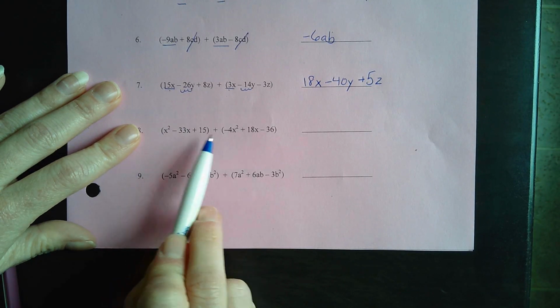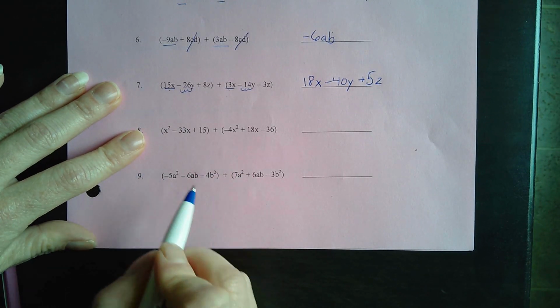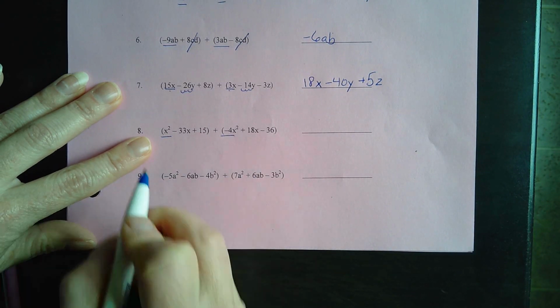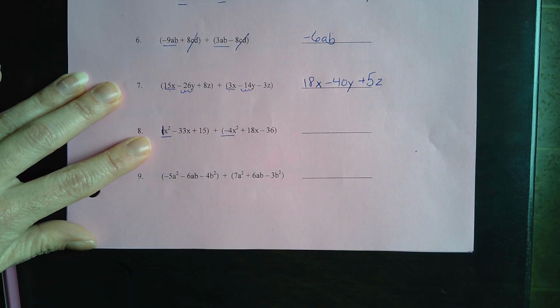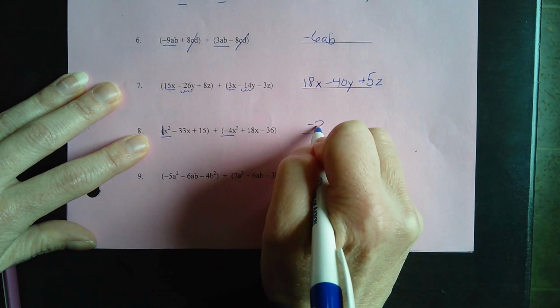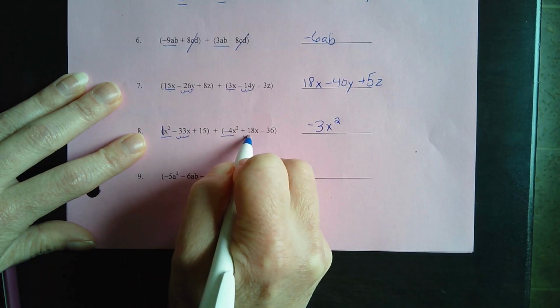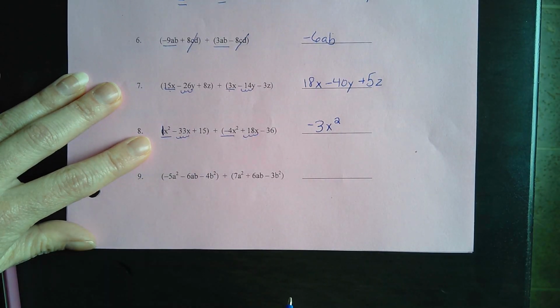We have a trinomial plus a trinomial again. We can add our x squareds together. 1x squared plus a negative 4x squared is negative 3x squared. Then we have our terms with an x in it.